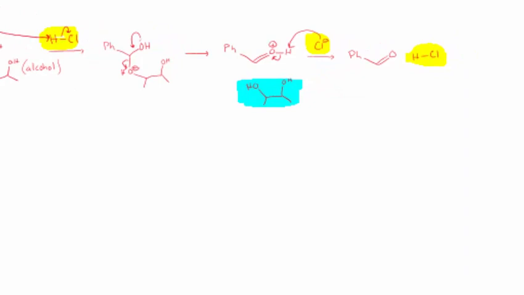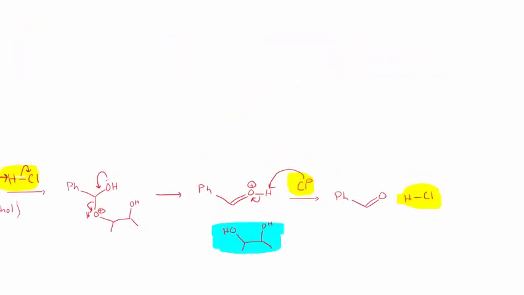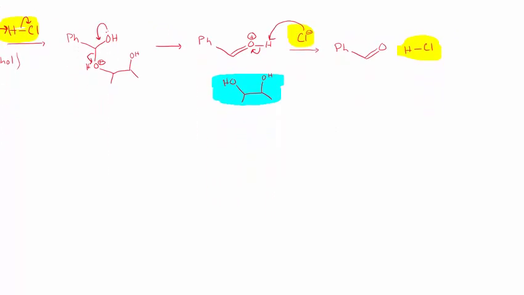We're going to go in the opposite direction now. So starting from the aldehyde, and using HCl as a strong acid, we can protonate the carbonyl, which makes it a much stronger electrophile.